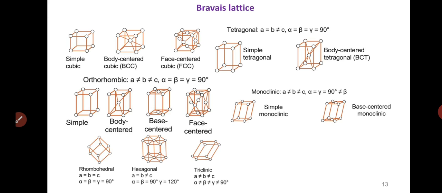In this, A is equal to B is equal to C, and all angles are equal but not equal to 90 degrees. Hexagonal: A equal to B but not equal to C, alpha and beta equal to 90 degrees, and gamma equal to 120 degrees. And in the triclinic lattice, all sides are not equal and the angles are also not equal, and not equal to 90 degrees.